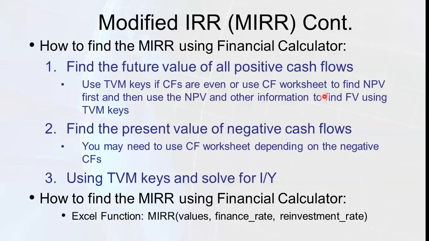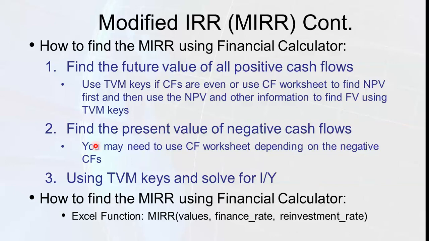And using that information, find future value, because we don't have any FV function on Excel or the financial calculator. So if you have even cash flow, then you definitely can find future value. You don't have to do an extra step. But if you have uneven cash flow, first find NPV, then find the future value using that NPV.